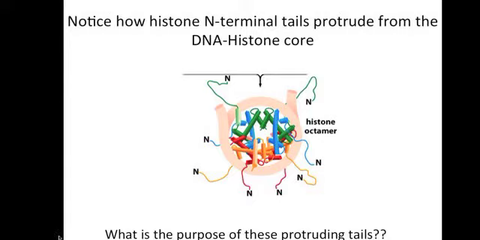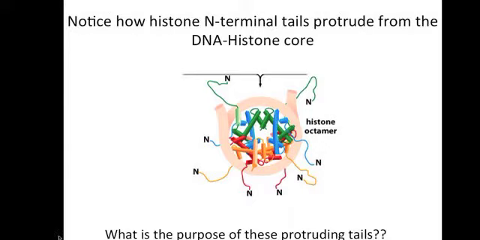Yes? Post-translational modifications, right. And some of the proteins that do some of these post-translational modifications are HATs, histone acetyltransferases, which are going to transfer acetyl groups. Right. And so what's the purpose of these post-translational modifications?